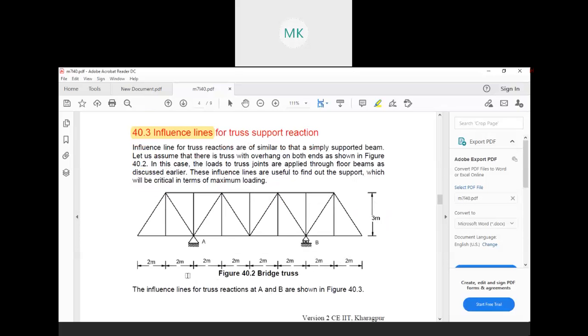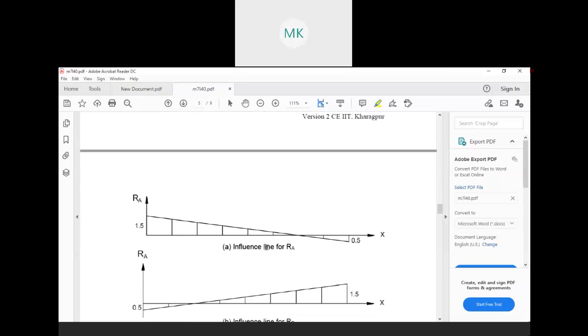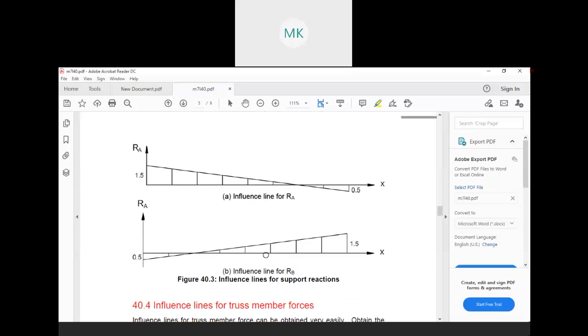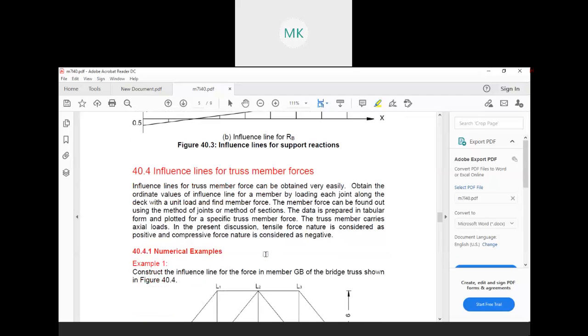This is a truss given, with all the distances. After finding out the reactions, this is how it looks. I have already shared this with you.